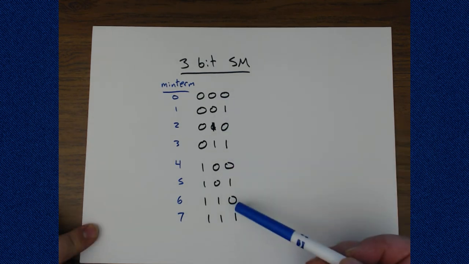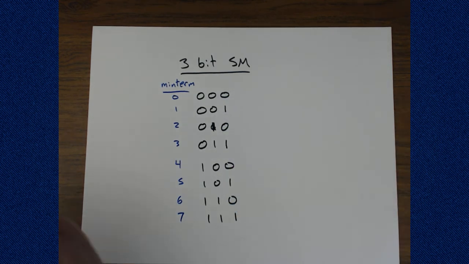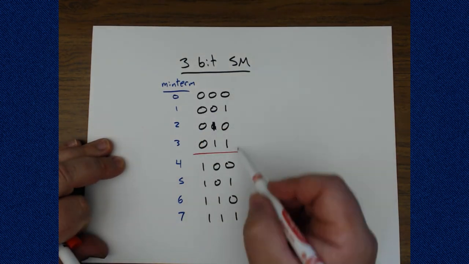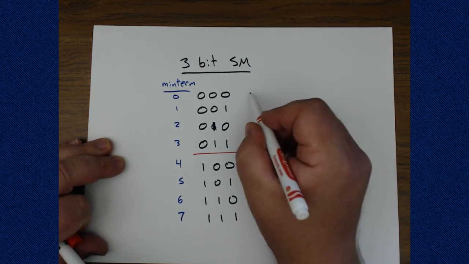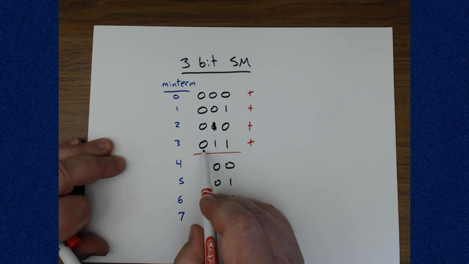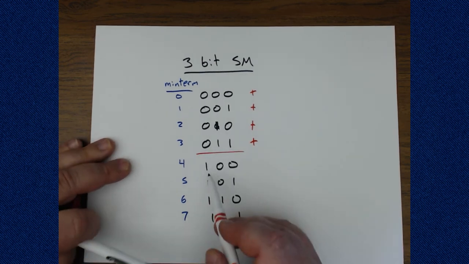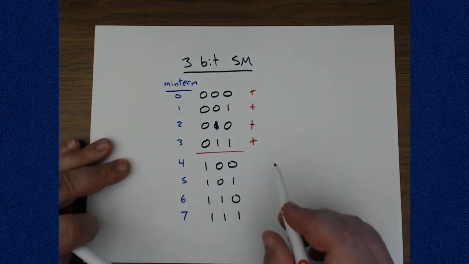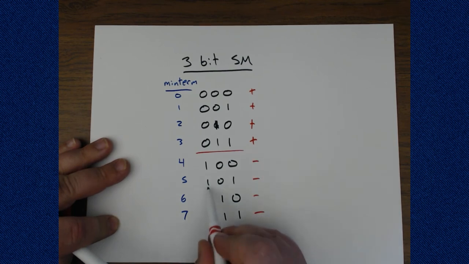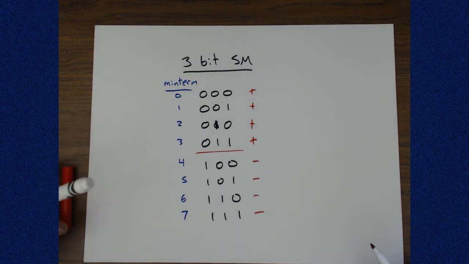So if this is the pattern, what do these numbers equal? Well, all of the top half here are positive numbers. So this is a positive, a positive, a positive, and a positive. We can tell that because the sign bits have 0. Over here in the bottom half, these are all negative numbers, and we can tell that because the sign bit has a 1 in each of the rows.